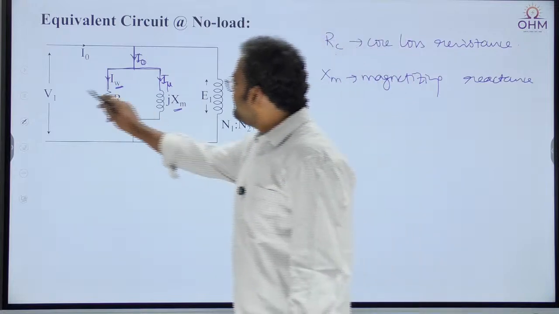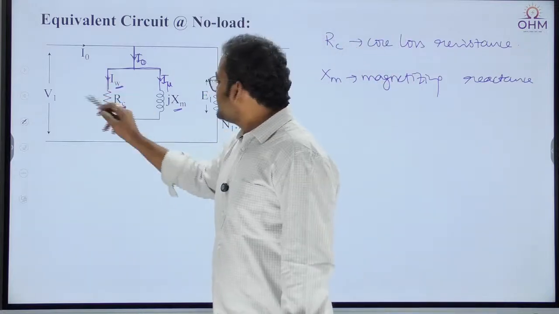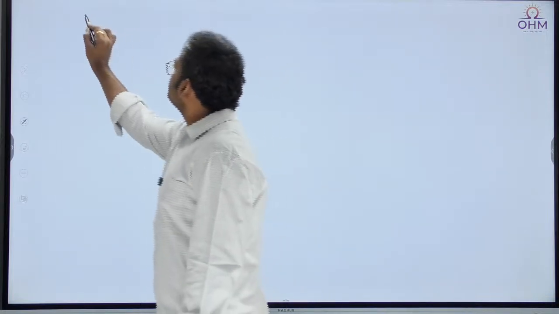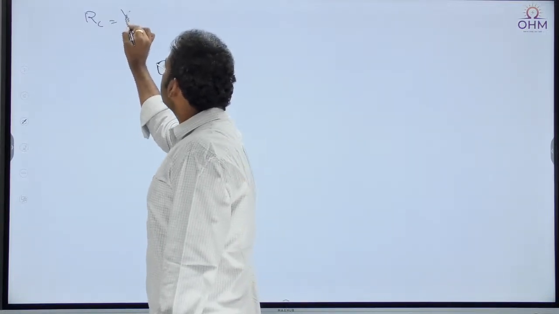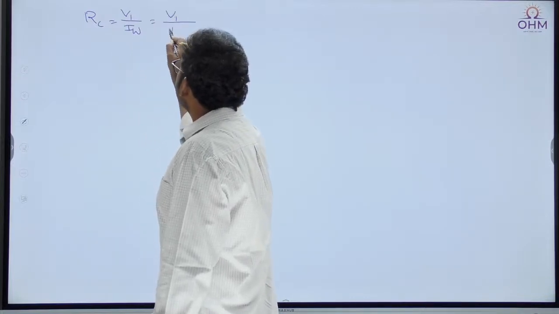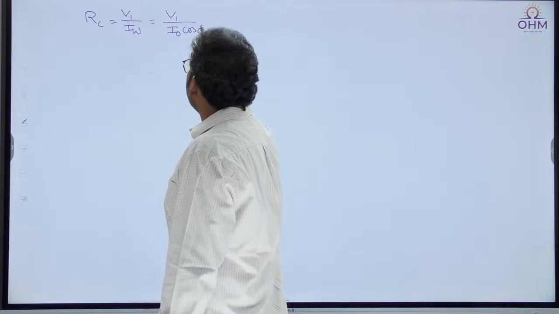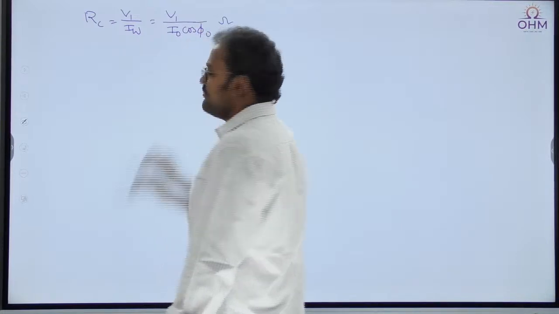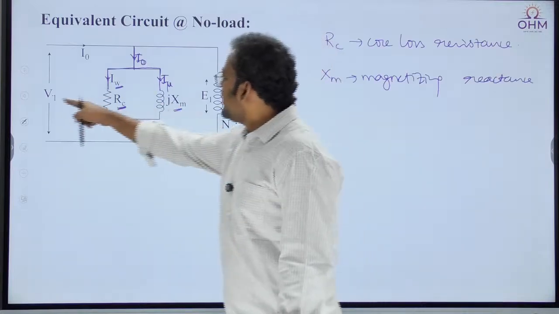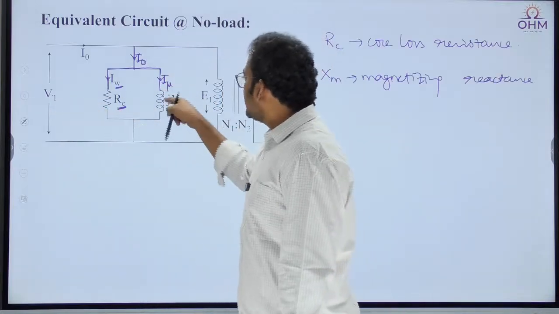If I apply the KVL equation or nodal analysis, can I write RC is equal to V1 by IW? Important, IW is equal to I naught cos phi naught. Similarly for XM, apply voltage V1 with current I mu.